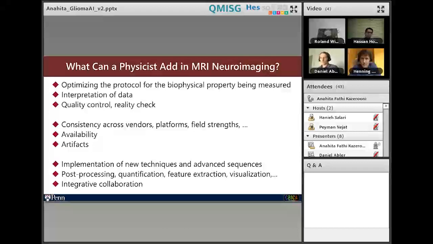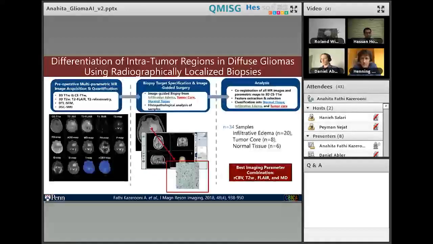A physicist can optimize the protocol, can help in interpretation of the data, can do quality control or reality check, and ensure the consistency across vendors, platforms, and field strength, and correct for artifacts, implement new techniques, and also perform post-processing, feature extraction, visualization, and actually create an integrative collaboration, which can lead to integrated diagnosis, which can lead to personalized medicine.